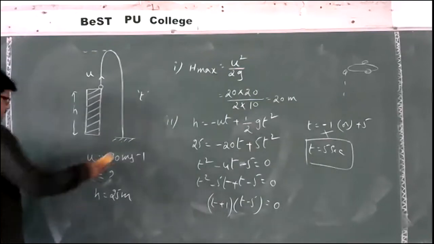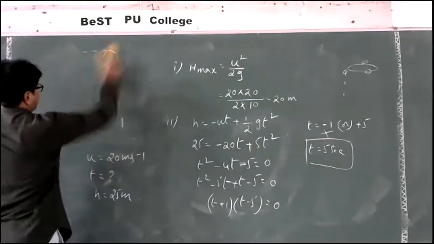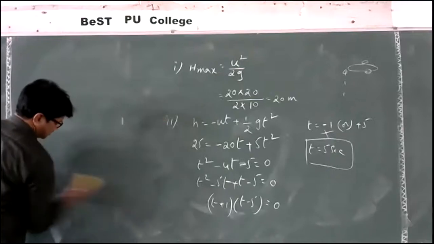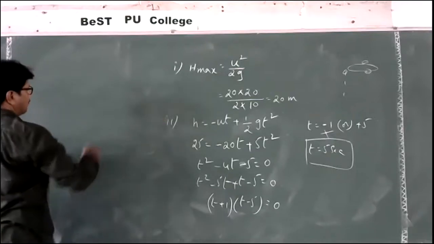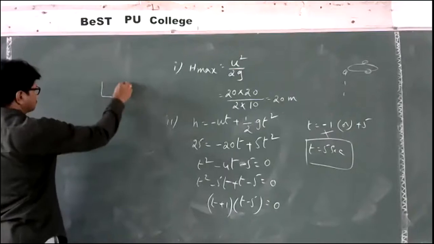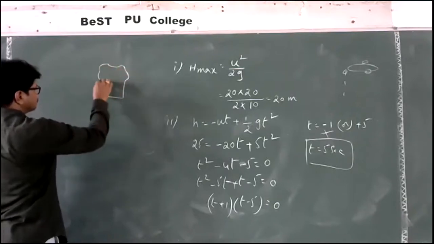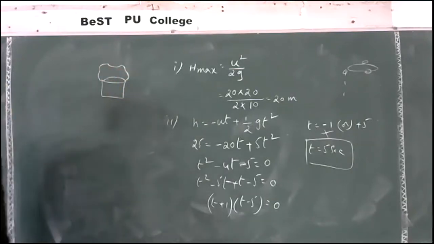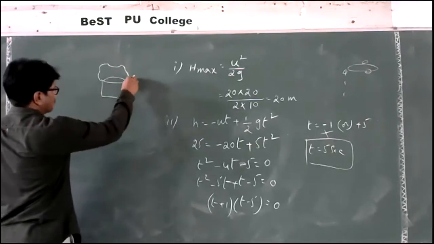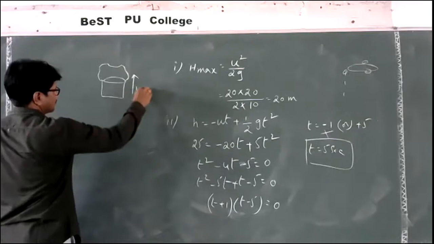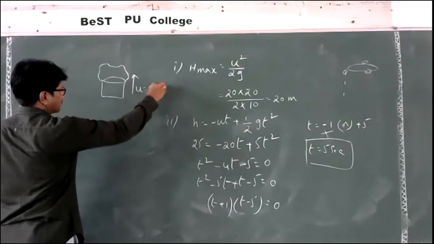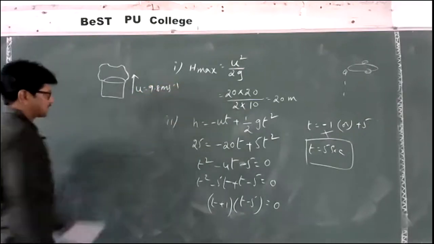Now what is given is, instead of this tower and all, he says that a balloon, this is one balloon, is moving upwards with a velocity of 9.8 meters per second.